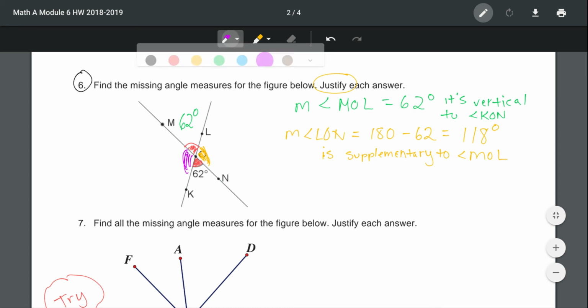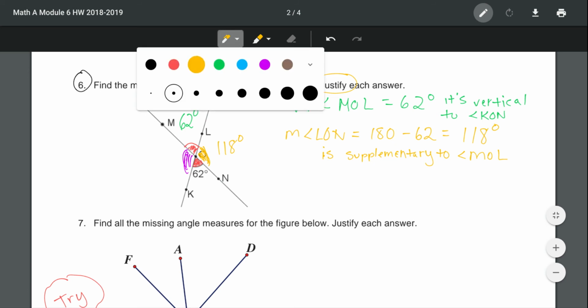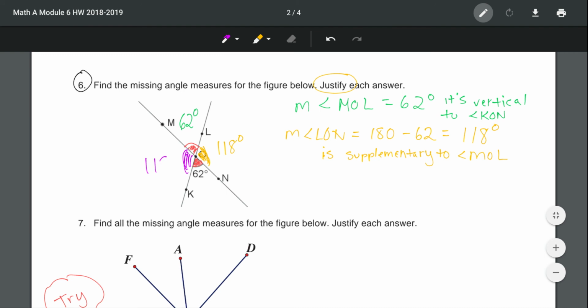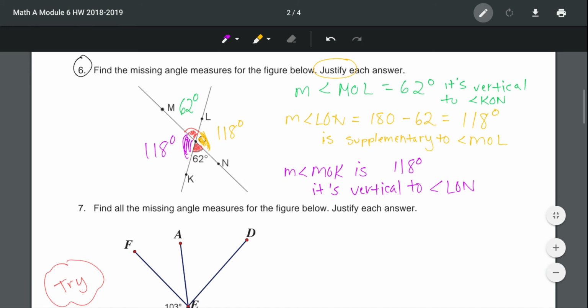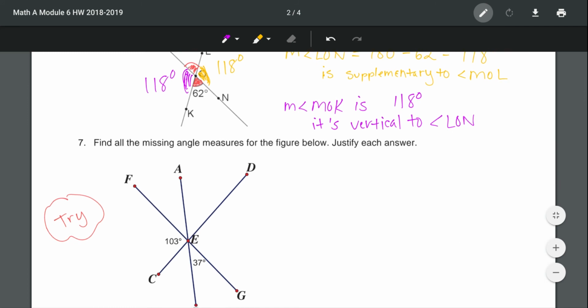So if LON is 118 degrees, then MOK is vertical to LON. So that means that it would also be 118 degrees. So we can say our justification would be that it's vertical to angle LON. Okay, try number 7 on your own.